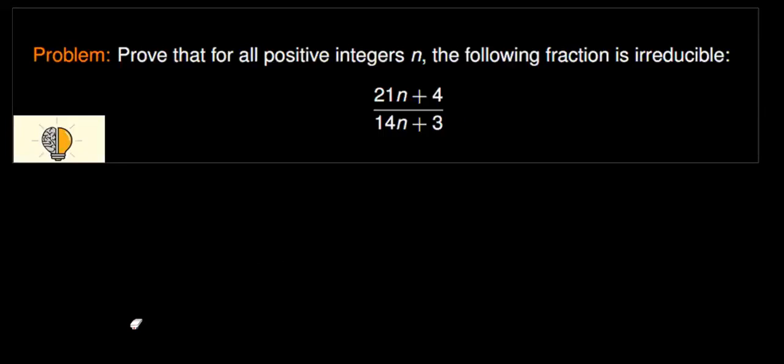one fraction is irreducible. Let's suppose we have a fraction, for example, 21 over 14. We can rewrite the numerator as 3 times 7 and the denominator as 2 times 7, and you can cancel the 7 and 7.